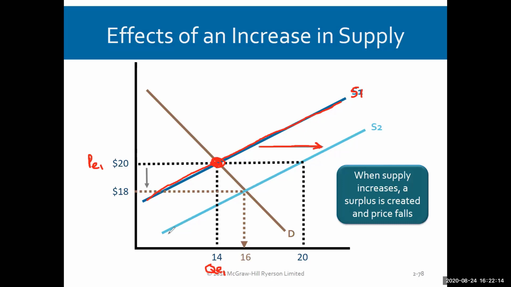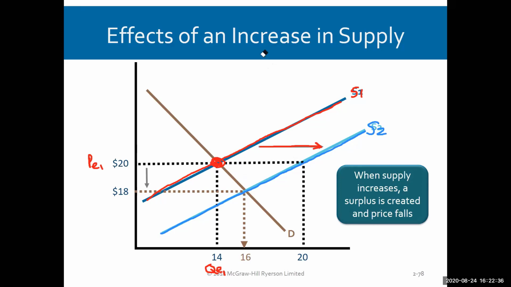So the first thing we note is that this supply curve, I'll change colors to blue, this supply curve shifted to the right, an increase in supply to S2. Okay, so we have to think what happens initially.